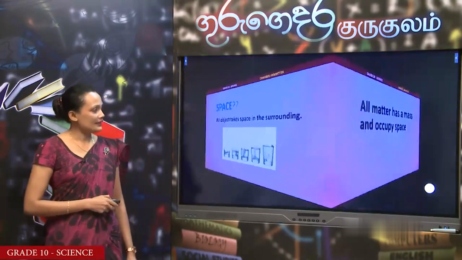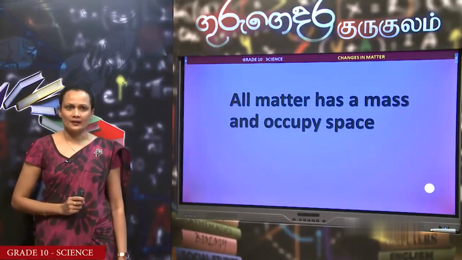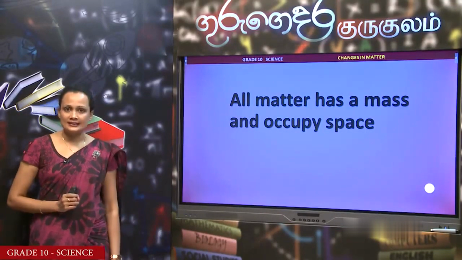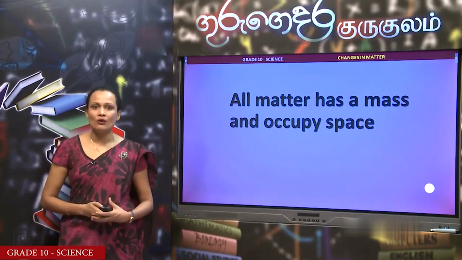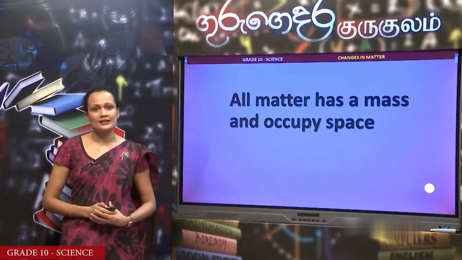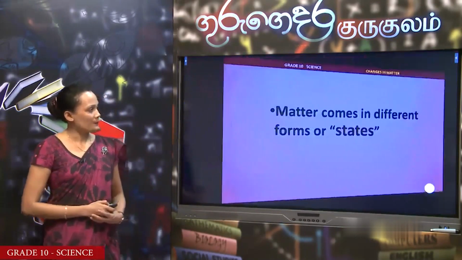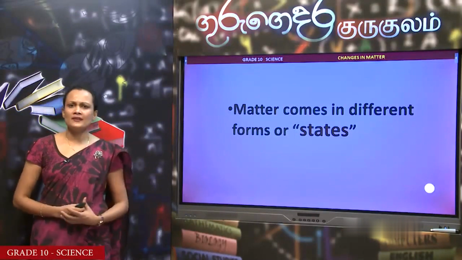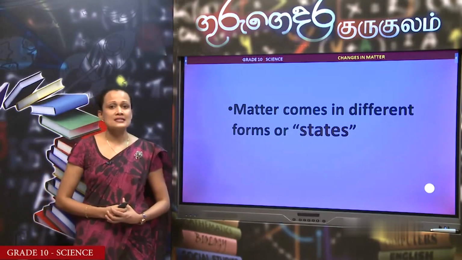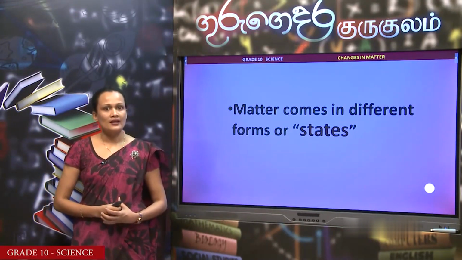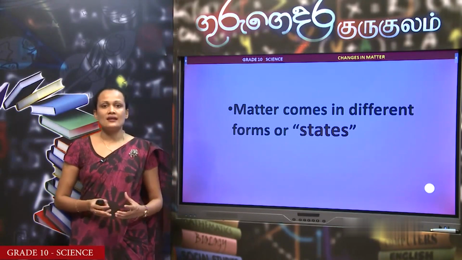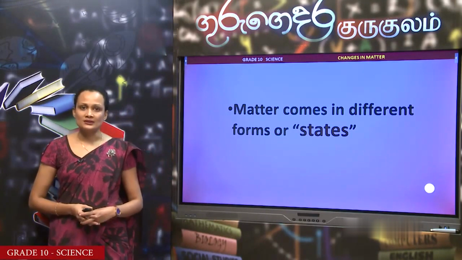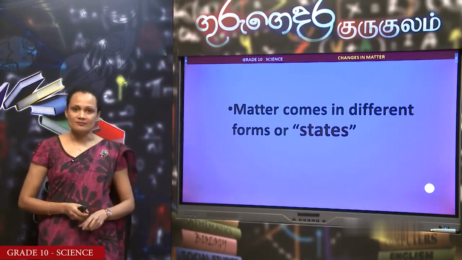I think you get that idea. That means all matter has mass and all matter occupies space. Then the matter present in the environment does not come in the same forms or states.